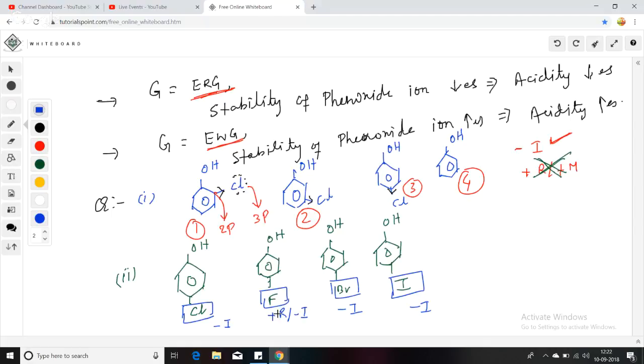So because of plus R, the acidity of this decreases. Minus I will try to increase the acidity. Minus I nature of fluorine is maximum, but it shows plus R also, right?